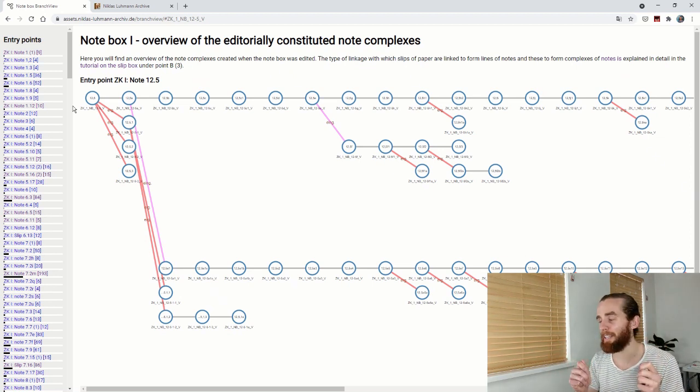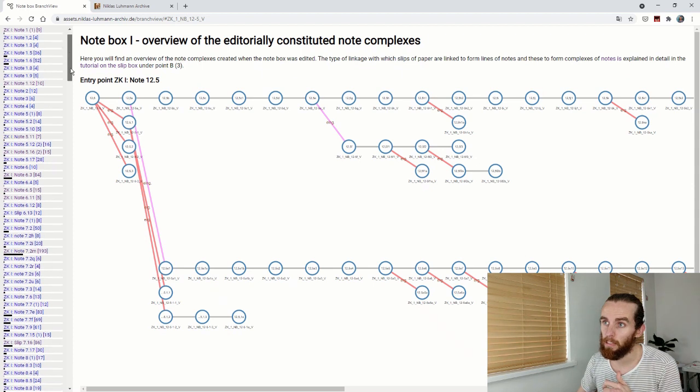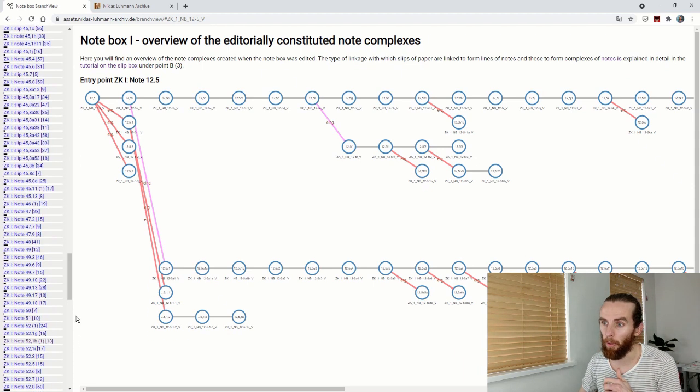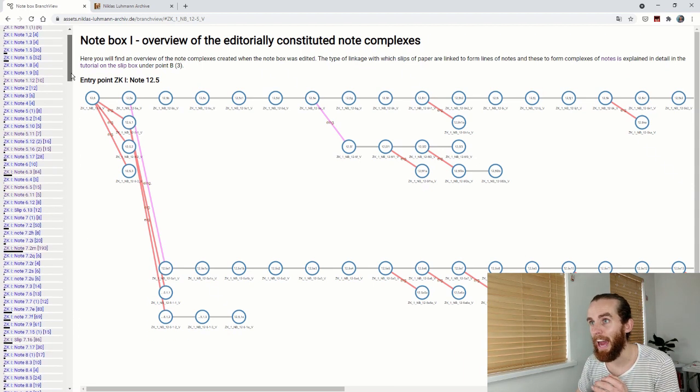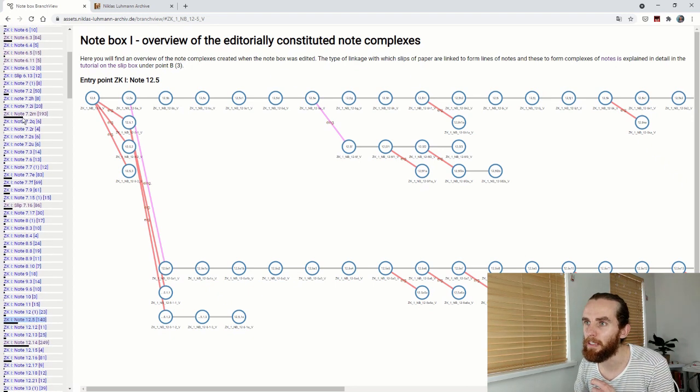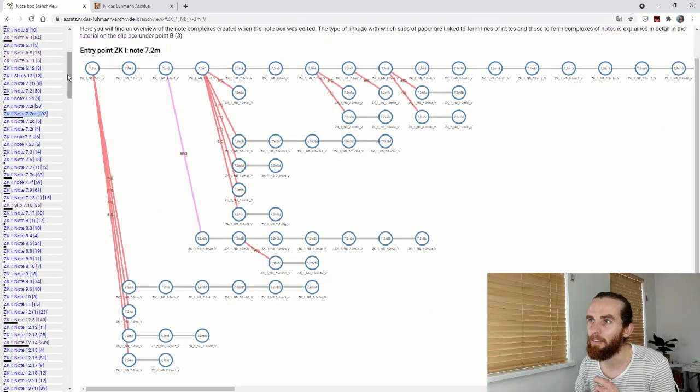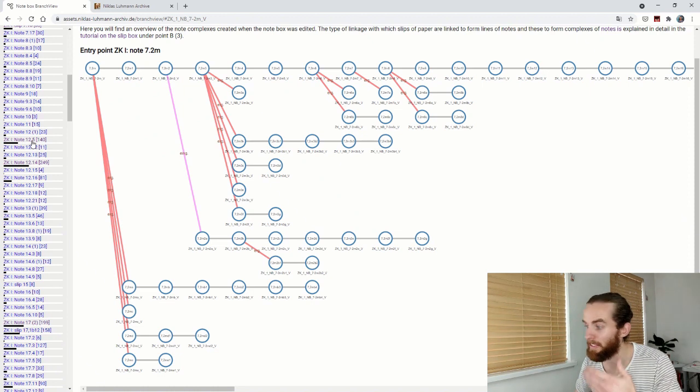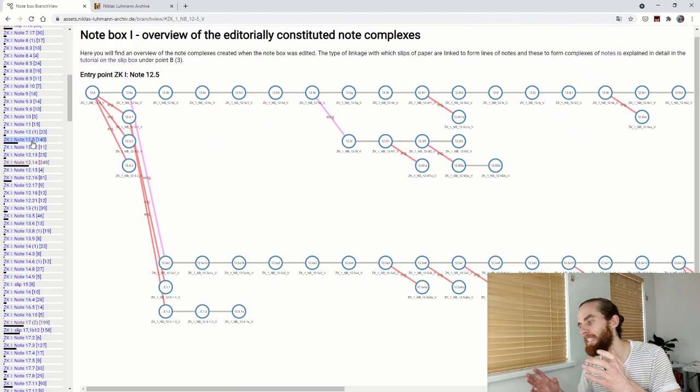I'm going to get into how he did that just now, but the way that he worked was he had multiple different entry points. So you can see all of these notes here on the side are these entry points for his conversations. And those which are a little bit longer here have been developed more over time. So you can see it indicates where his major interests were.